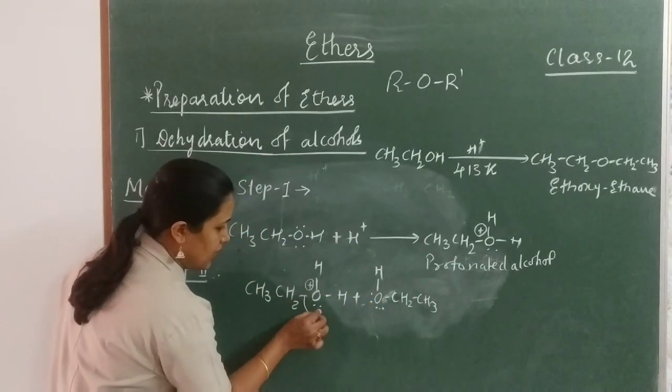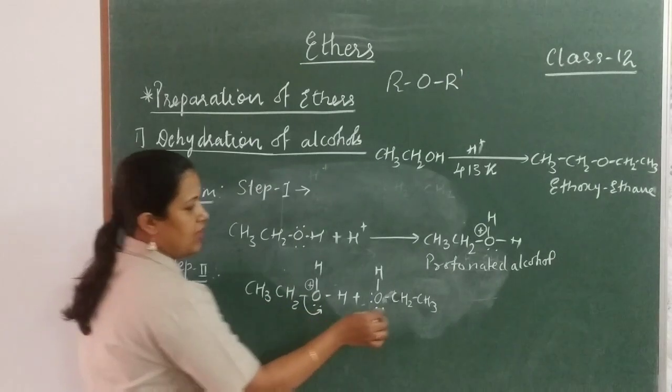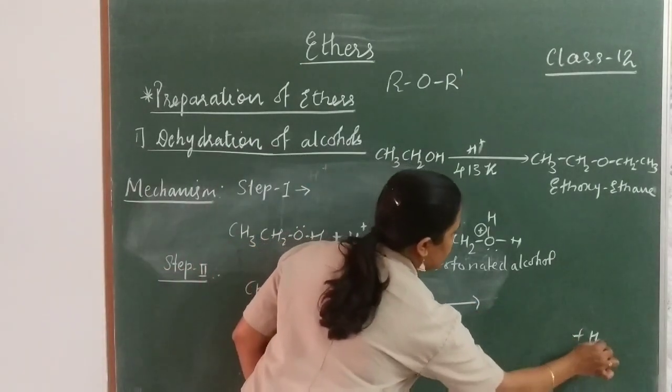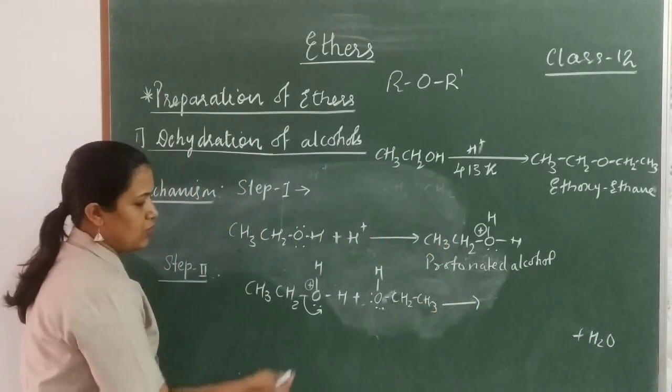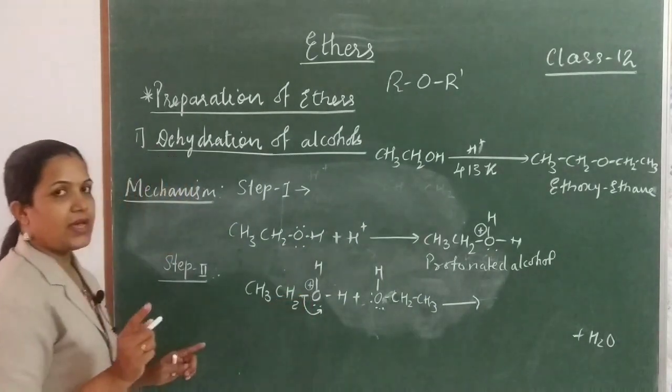The electron pair will again be taken by oxygen and it will form H2O. Understood how it is carrying the reaction?